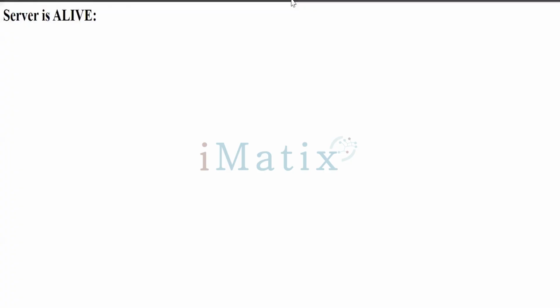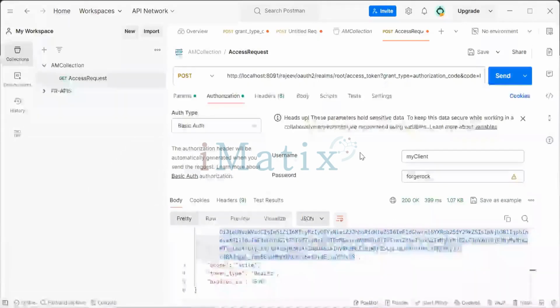Can we test the scenario in Postman? Which one? This one, token, access token. You can fetch the same thing from the access token as well. You'll get the access token.